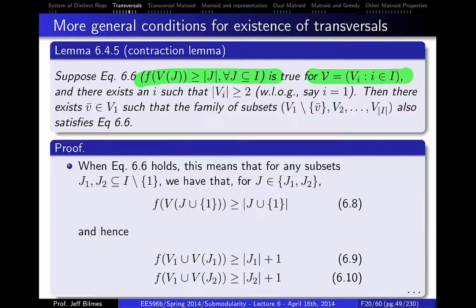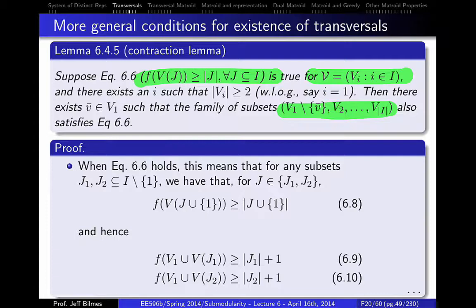Then what we're going to prove is that there exists some V bar, which is a member of V1, such that we can also satisfy equation 6.6 by removing V bar from V1. The way we do that is the following. When equation 6.6 holds, we know that V1 has size at least 2, but we're not using that for this particular step.